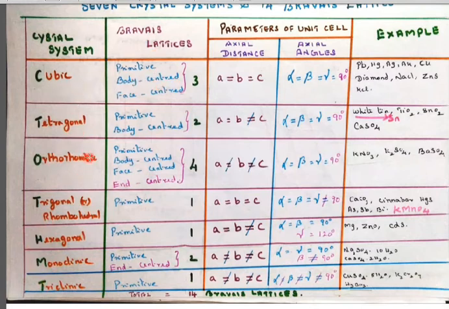For cubic, A equal to B equal to C. For tetragonal, A equal to B is not equal to C. For orthorhombic, A is not equal to B is not equal to C. See the pattern: in tetragonal, only C is different. Here all are unequal. The next 3 follow the same way: A equal to B equal to C, then A equal to B is not equal to C just like the second one, and the third one all unequal, A not equal to B not equal to C. Triclinic, as I already told you, is asymmetric, just the opposite of cubic, so all are not equal.